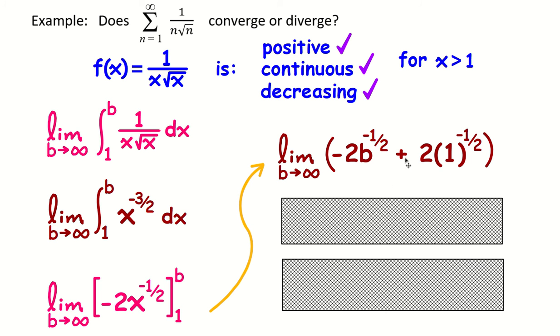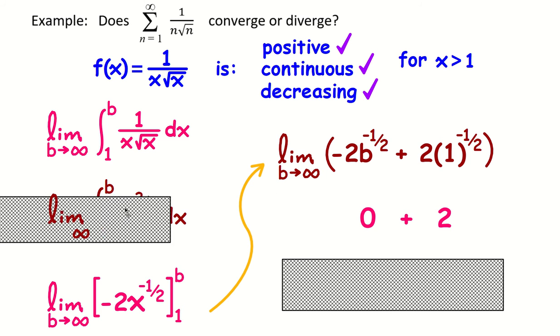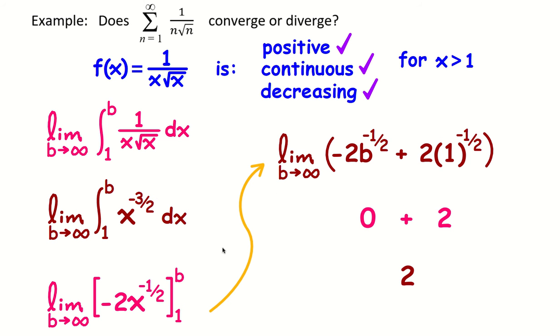If we let b go to infinity, b to the negative 1/2 should be approaching 0, because it'd be like 1 over b to the 1/2. And then this is just going to be 2.